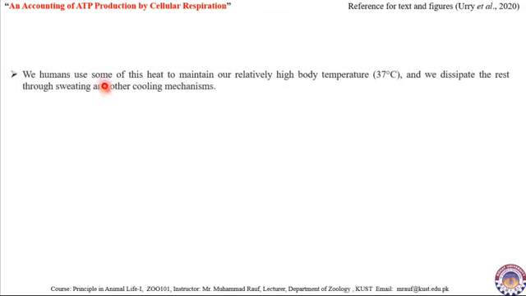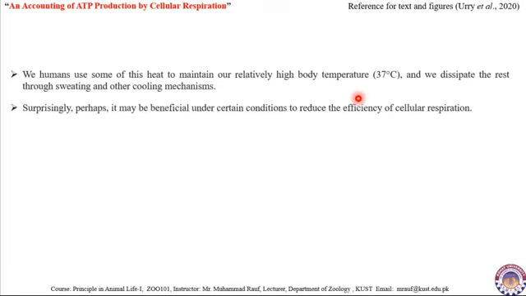Now we humans use some of this heat to maintain our relatively high body temperature. The heat generated through aerobic cellular respiration is used for maintaining a proper body temperature, and some of this heat is dissipated to the environment.